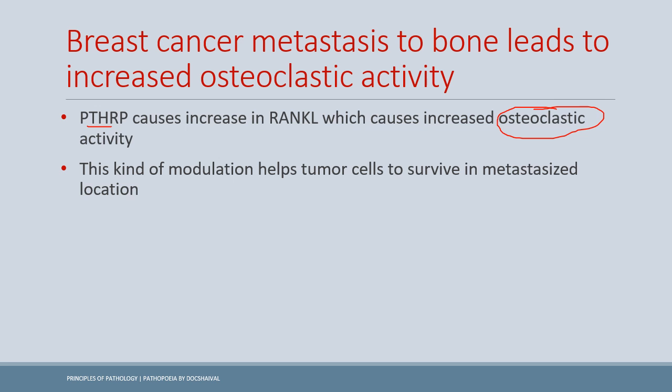And how it increases the osteoclastic activity is by increasing something called RANKL. So PTHrP increases RANKL and increases the osteoclastic activity, and in turn it causes an increase in the calcium concentration in the blood. Ultimately, it leads to increased osteoclastic activity and bone defects. So this kind of defect helps the tumor cell to survive in the metastasized location.